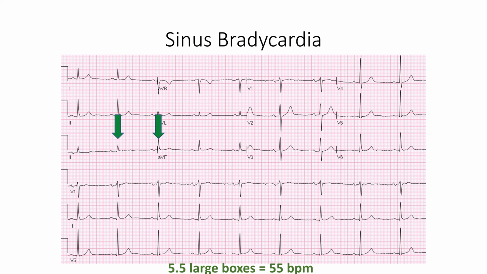And so using our rate determining principles from previously, that's about 55 beats per minute. Sinus bradycardia is common in athletes with enhanced vagal tone. It occurs more often during sleep, and also certain cardiovascular drugs, for example beta blockers, can cause sinus bradycardia.